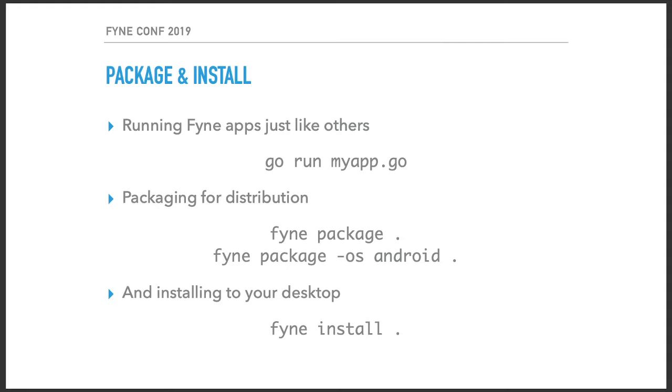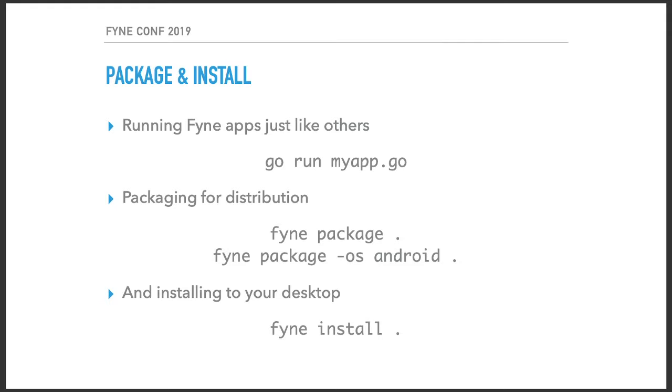And of course we have added the Android and iOS support into this package command, so as well as packaging for Mac, Windows, Linux using this command, you could create your Android and iOS app bundles as well. And finally, we added a new subcommand called install.